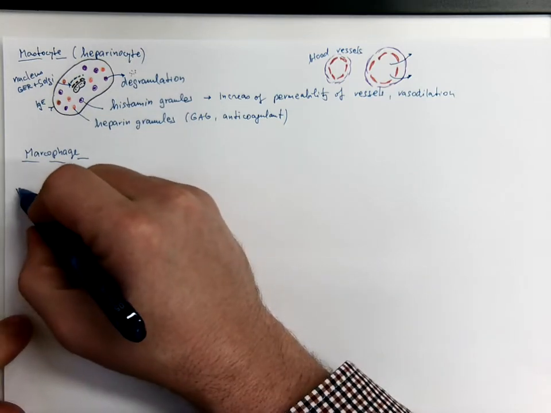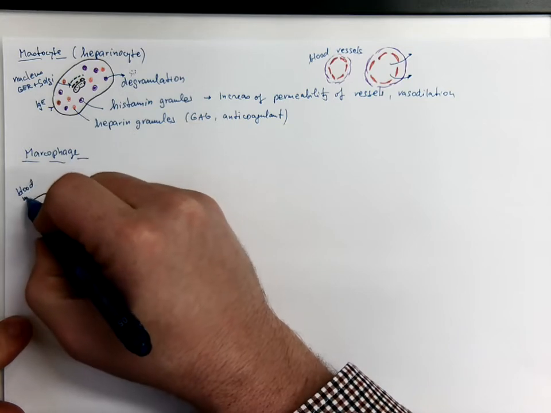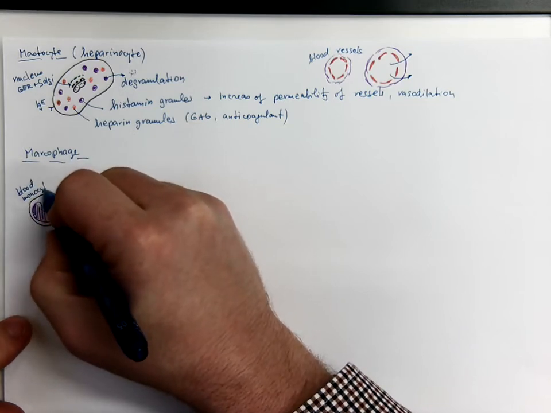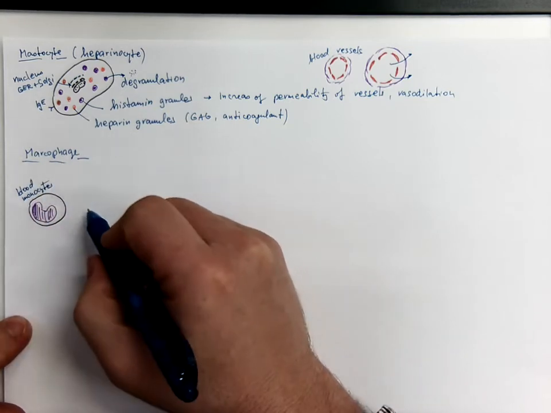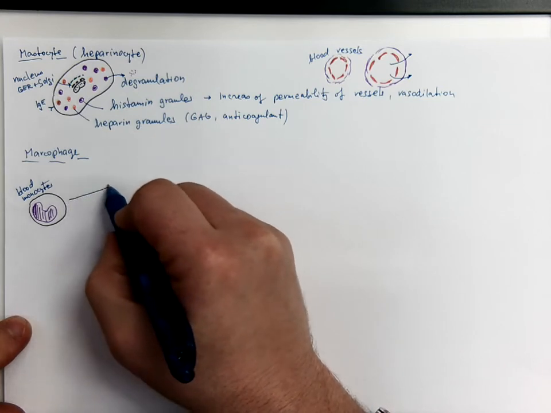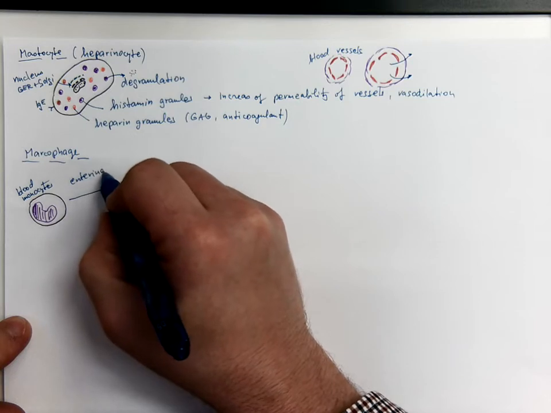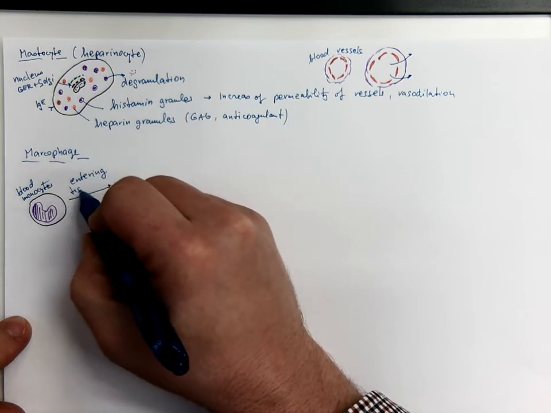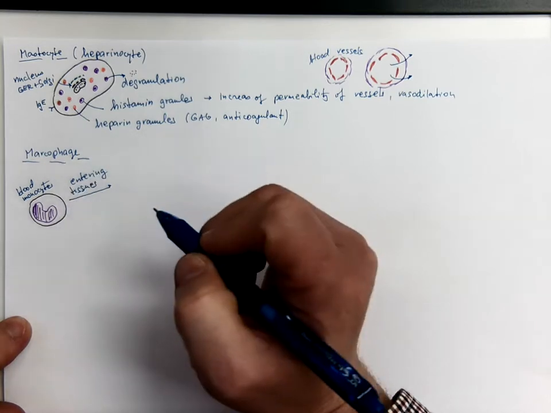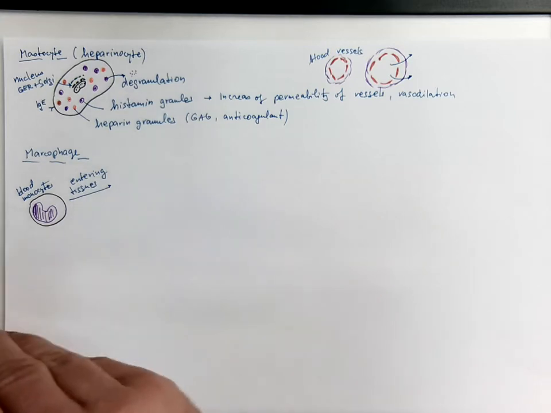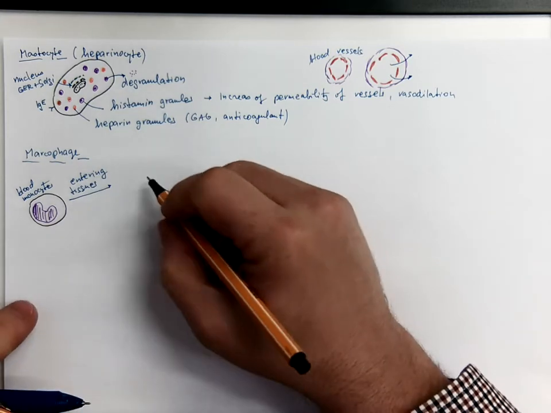And these blood monocytes are entering the tissues where they become macrophages. They mature into macrophages.